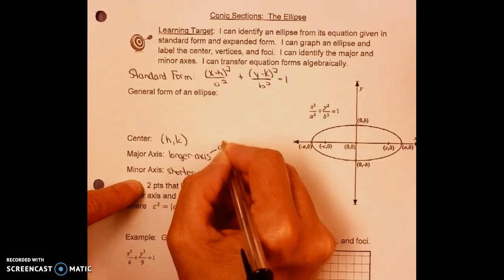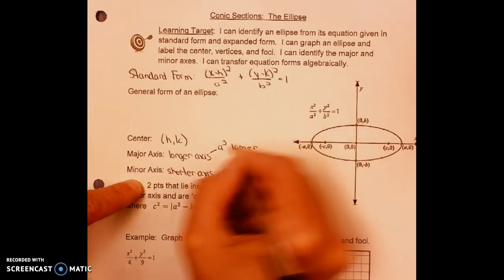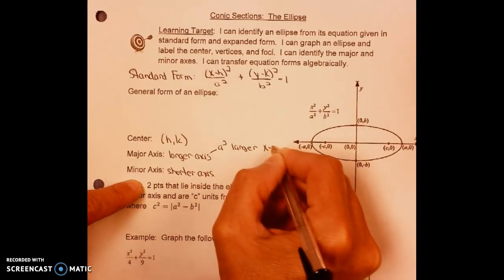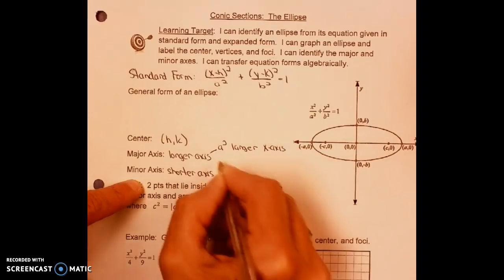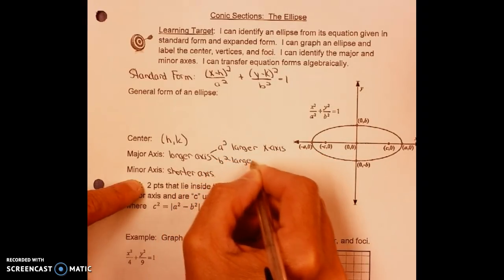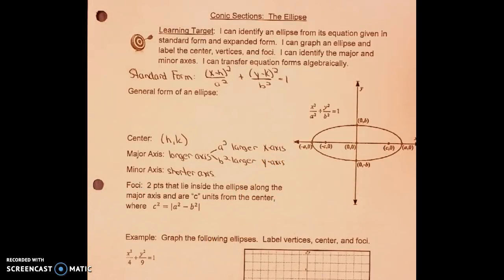If your a squared is larger, then it's elongated along the x-axis. If your b squared is larger, then it's elongated along your y-axis.